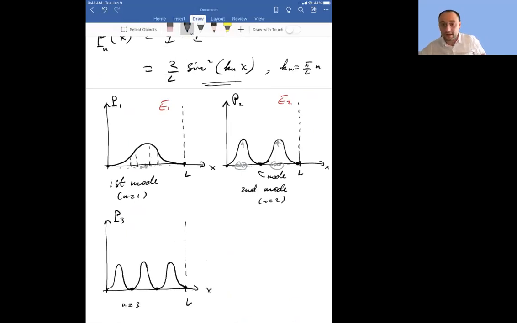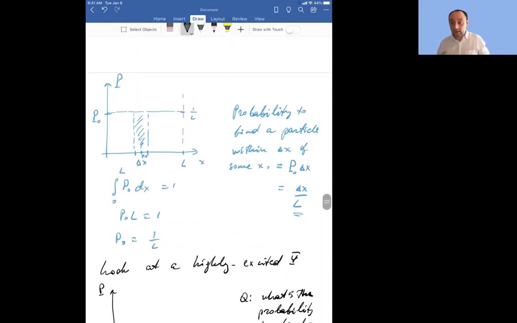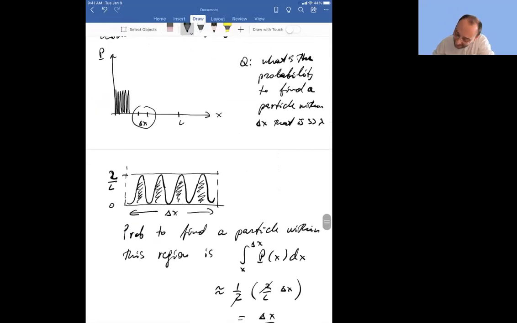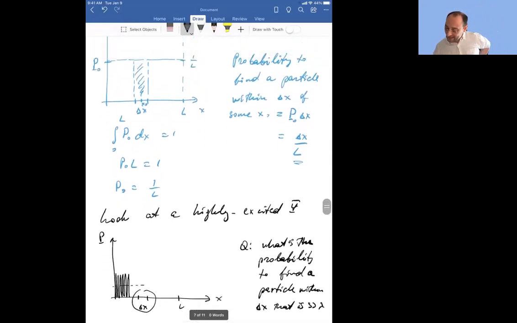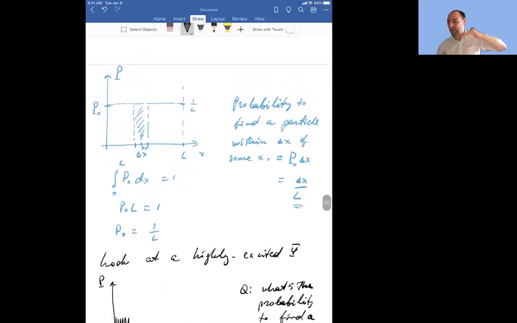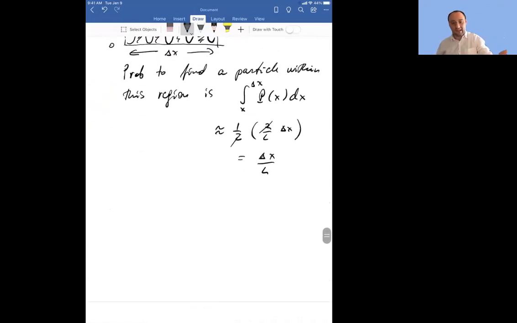It's clearly different, and it's not a constant, and it's not equal to delta x over L. But for highly excited states, basically the probability density averages to 1/2 of these oscillations. So it goes between 0 and 2 over L. So it averages to 1 over L. And we sort of get back the classical behavior again. We see that again.